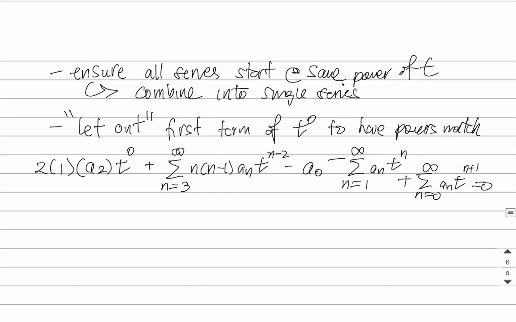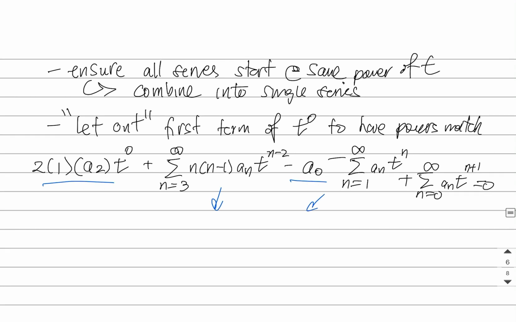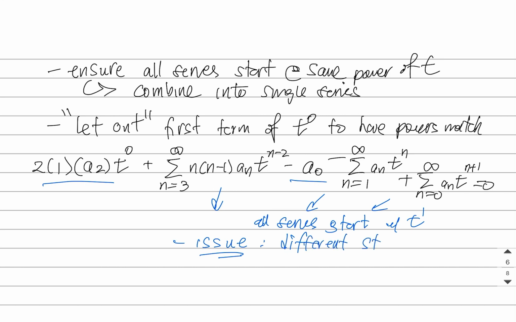So this is good. Now I've got two terms that are constants, plus all these other series. They all start with a t to the 1. But there's another issue. There's always an issue. They have different starting values for their index.